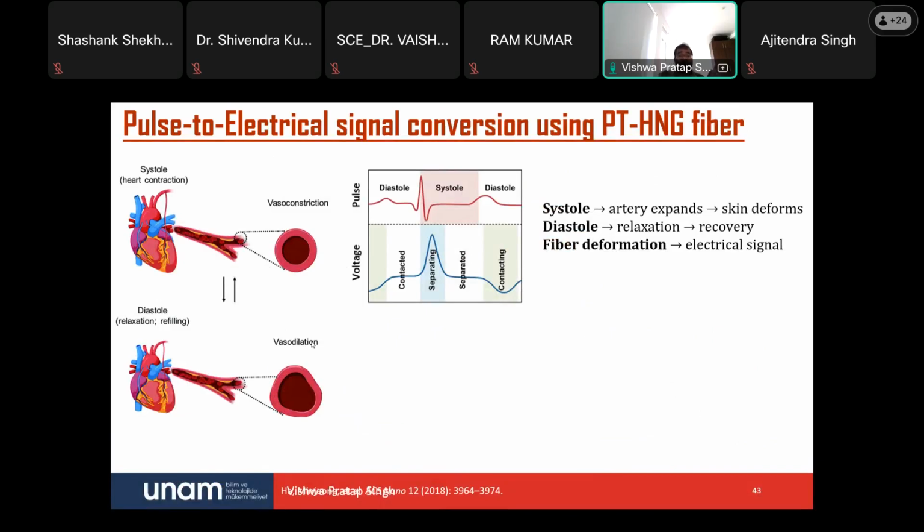So there is heart contraction and relaxation. They call heart contraction systole, and relaxation diastole. Systole and diastole happening inside your heart push the blood out of it and into it.